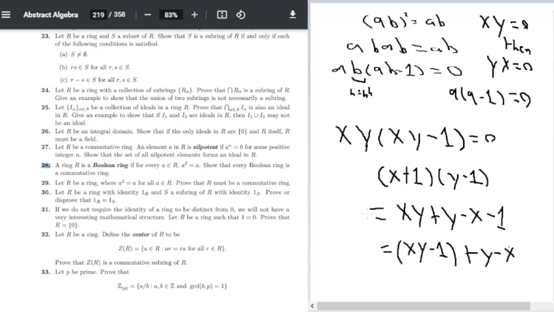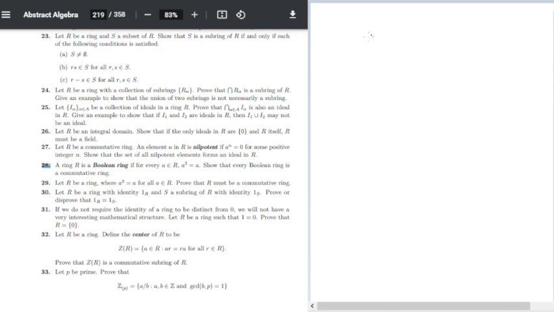Do we even have, wait, we don't even have unity. We do not even have unity. Okay. ab squared equals ab.